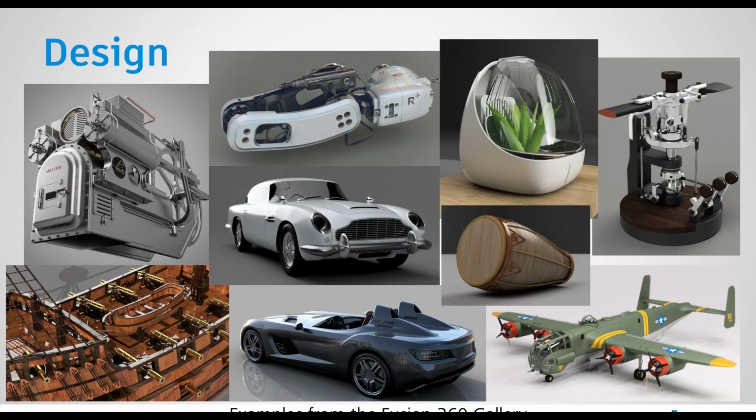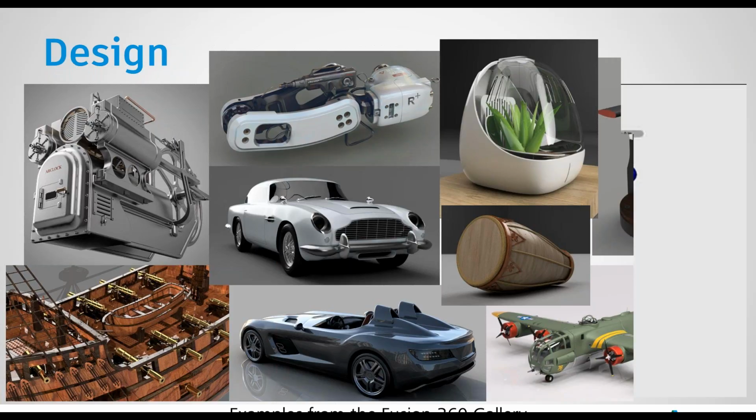Fusion can be used to design typical industrial parts, like that upper left model is a steam engine, but also more free-form, abstract kind of models that you see in some of the other ones. So a broad range of modeling is supported.